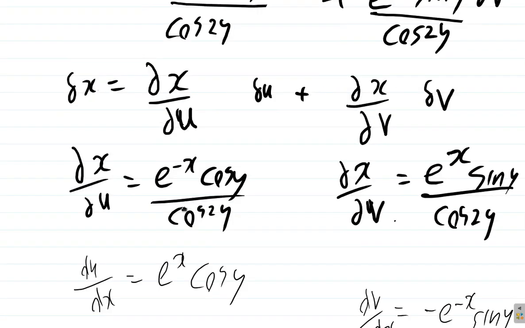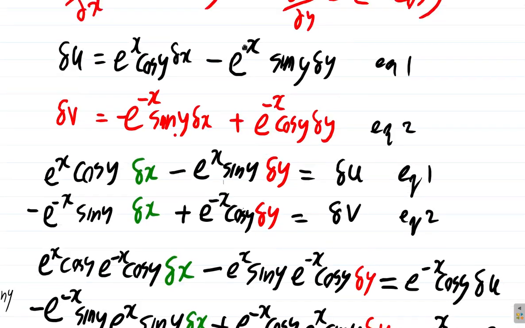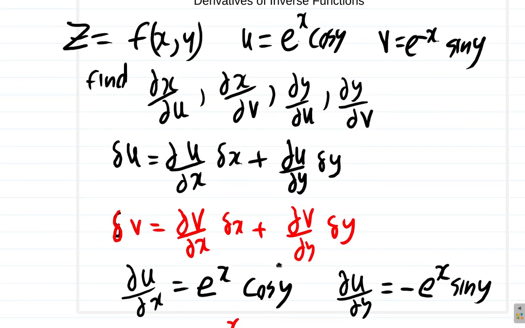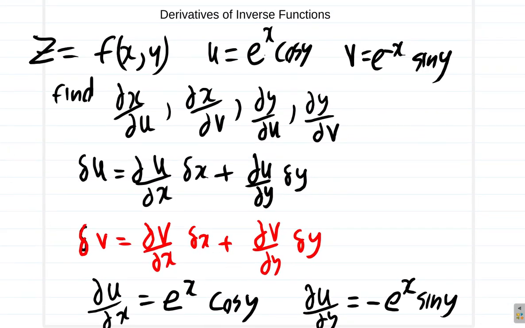So remember now, this is inverse functions. The inverse. Usually you would have said du by dx, but this is now dx by du instead of du by dx. We can find du by dx, which we did.